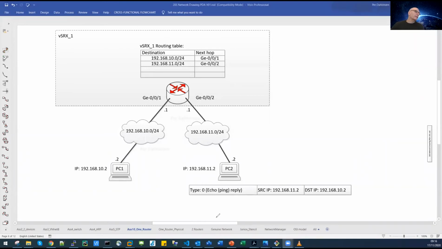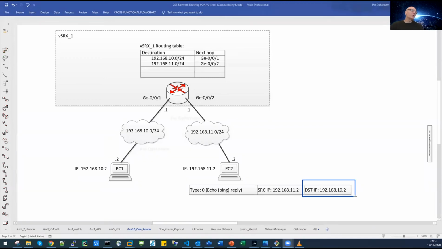If we look again at the echo ping reply here, it's not important that it's an echo reply. It could be any traffic that we were looking at. What we're interested in here are the IP addresses, in this case, the destination IP.